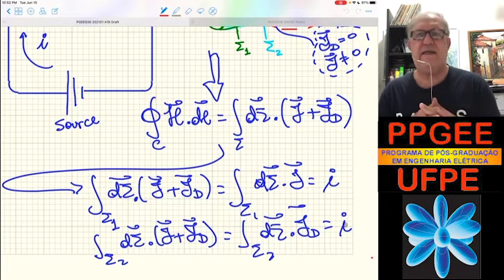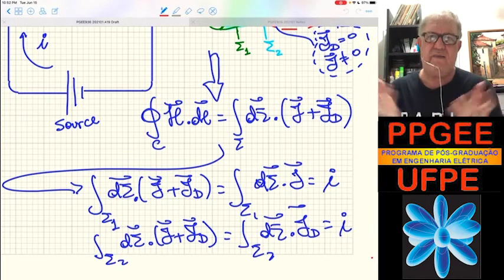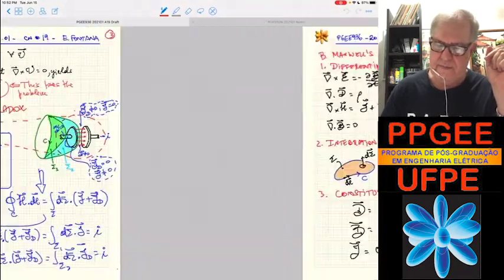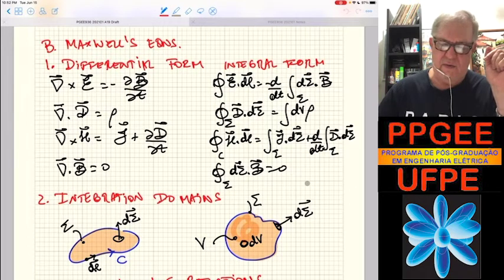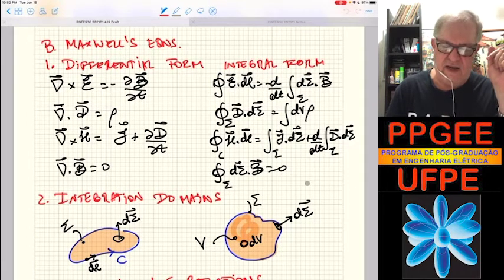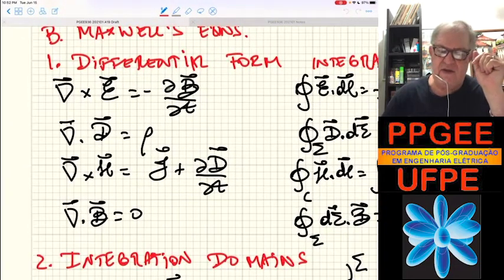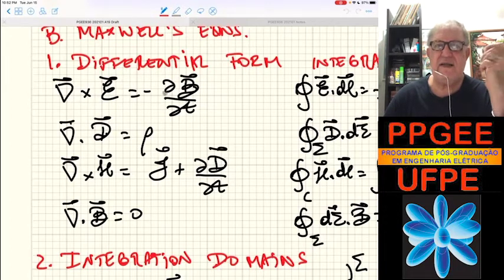So that's the final connection we needed to conclude our Maxwell's equations. Now we have a set of 4 equations. Let's review them. In differential form, we have curl of E equals minus the time rate of change of B, right? Faraday's law.